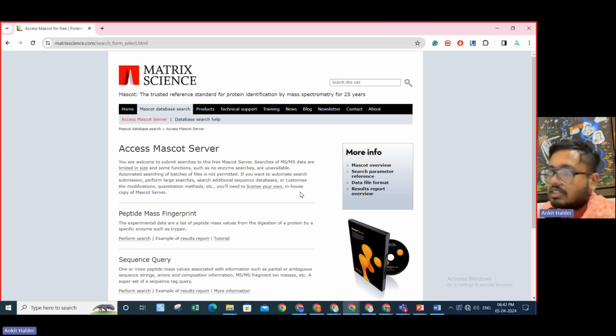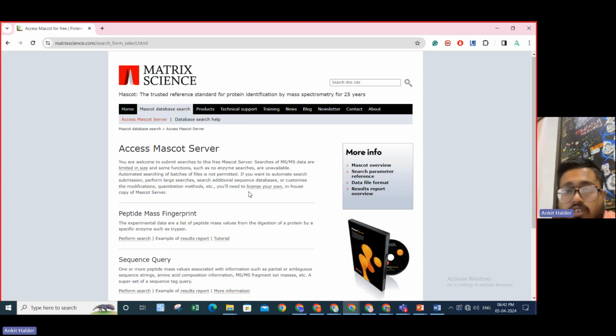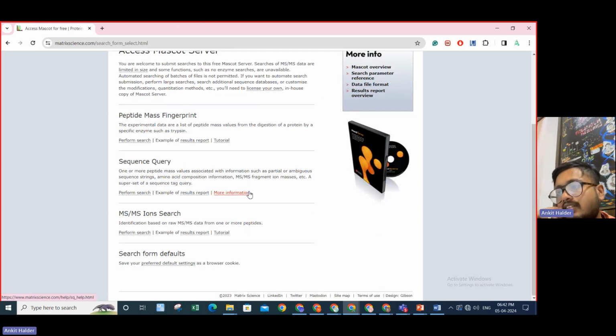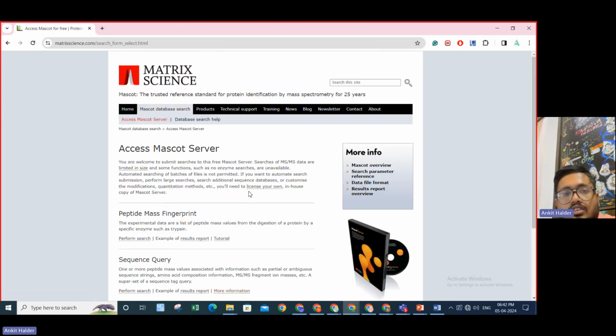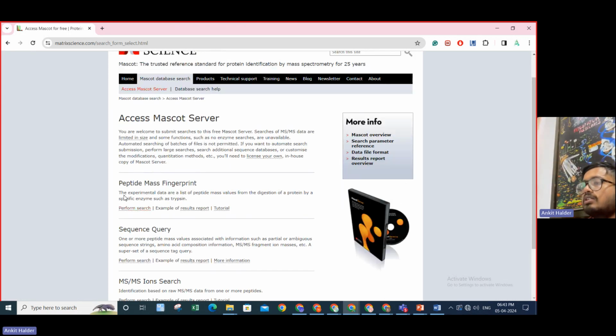So we are getting this access mask. You can see there are four options: access master server, peptide mass fingerprint, sequence query, MS/MS ion search. Is there any question? No, right? So we can go for the peptide mass fingerprint.